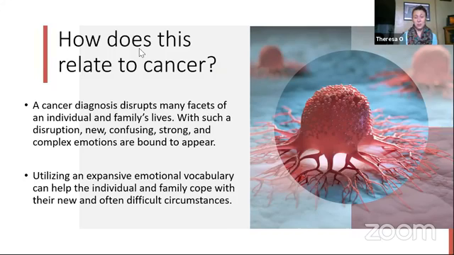All of a sudden, what may have been working or going well may not be now. And what may have been your normal is likely not going to be normal, at least for a little while. And with such a big disruption of normalcy, there's often a lot of new and confusing and strong and complicated and undiscovered emotions that just come up by nature.